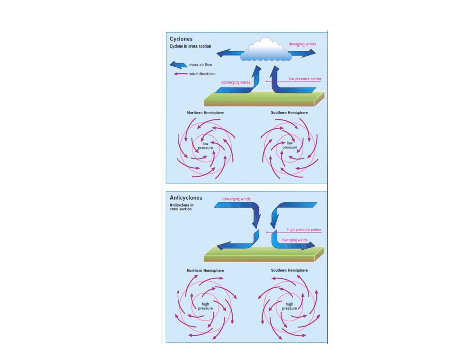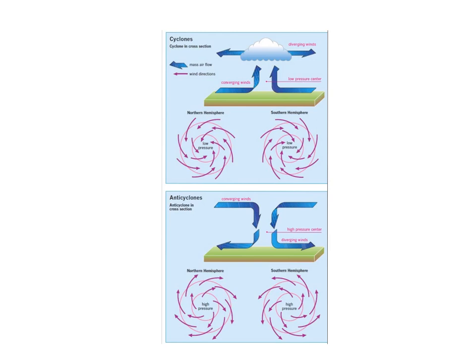So up here we can see this low pressure happening. We have air that is moving in. We call that converging. It's moving in and up. As it goes in and up, it cools and condenses, and it creates clouds.